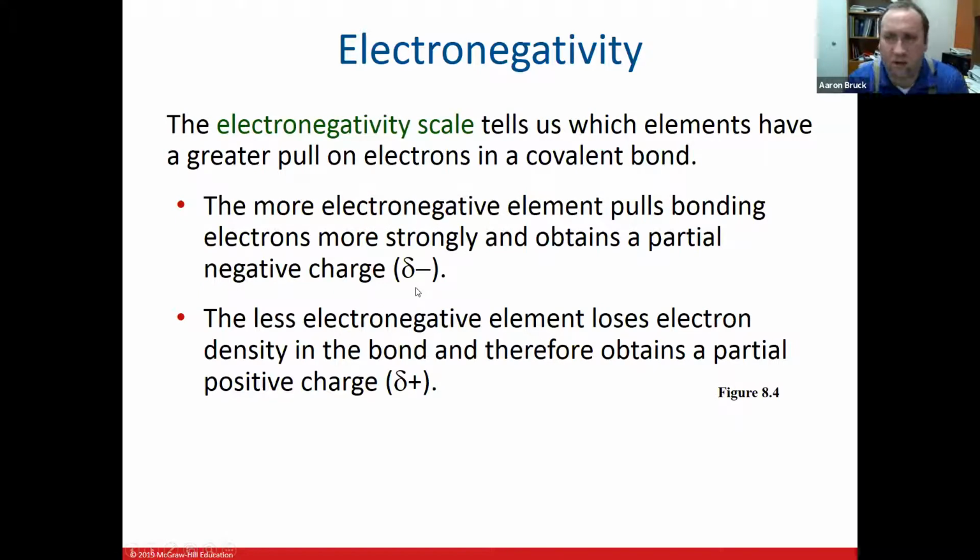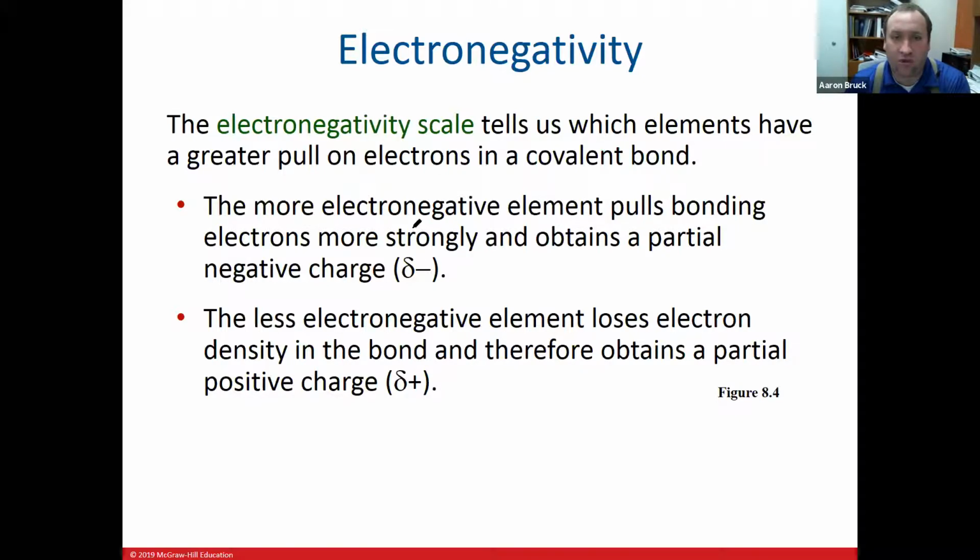Where we get the values is from something called the Pauling electronegativity scale. The electronegativity scale tells us which elements are going to have a greater influence on the electrons in the bond versus others. And the part of the bond that has the more electronegative element, that draws the electrons more toward itself, we say that particular side is partially negative.